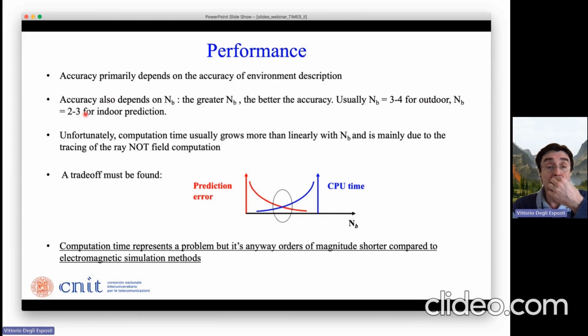Unfortunately, computation time grows more than linearly with NB, and therefore a trade-off must be found so that the prediction error is low enough, but CPU time is not too great. Anyway, computation time represents a problem, but it's orders of magnitude shorter compared to electromagnetic simulation methods. And therefore, ray tracing is one of the preferred methods for channel characterization.